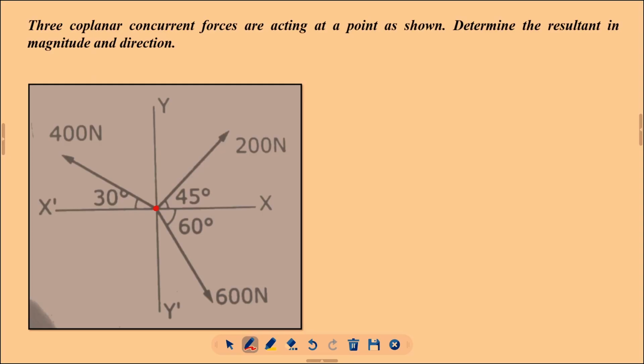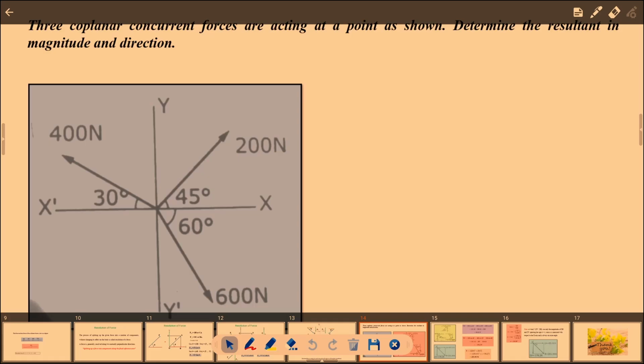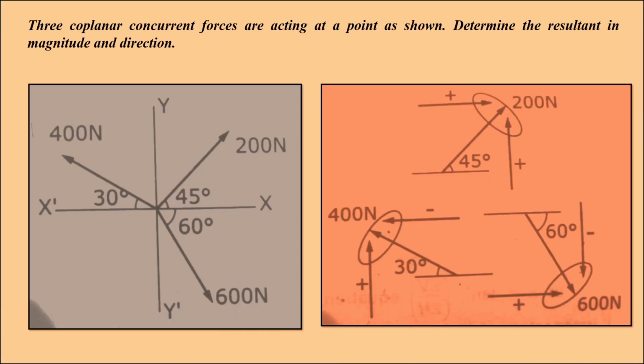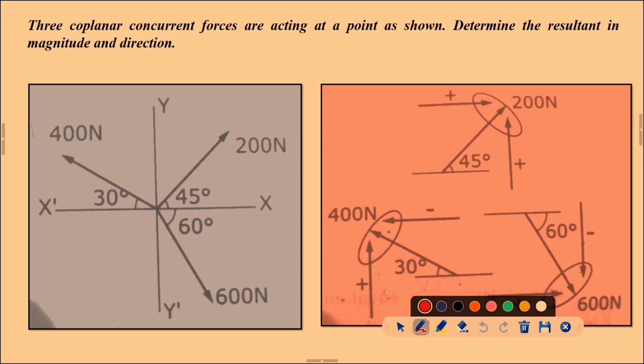In the previous case, we saw how to calculate magnitude, that is Fh, Fv. Then how about the directions? Now, before entering into the case, first what we did in the last case you need to do. That is, first you need to resolve this case, that is how the forces are acting. First we will see 200 Newton. How is this 200 Newton acting? It is an inclined force at 45 degrees. In order to split this force, one vertical and one horizontal will come.